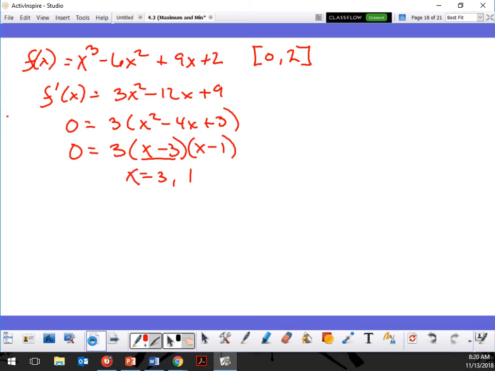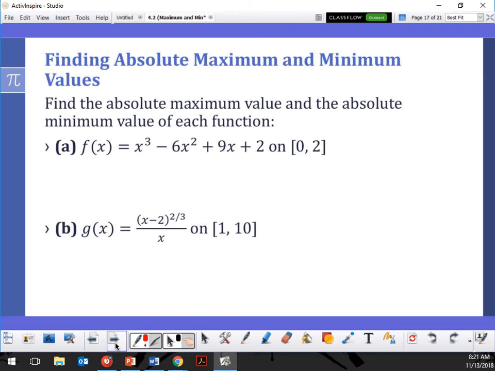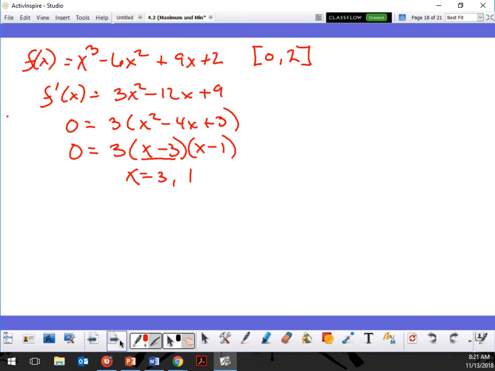Now let's go back. What was step 2? Evaluate f at each critical number and at the endpoints a and b. So that means it's going to be f of 0, and f of 1, because that's the critical number here, and I can't use 3. And it's going to be f of 2, the other endpoint.